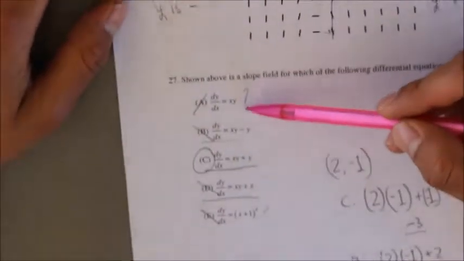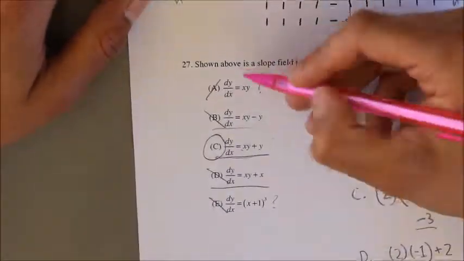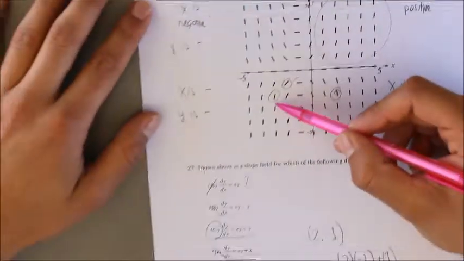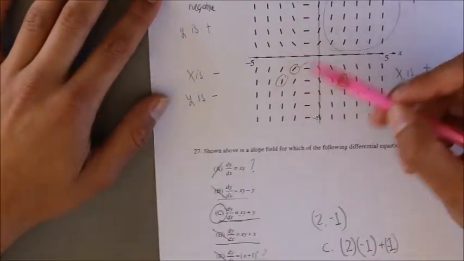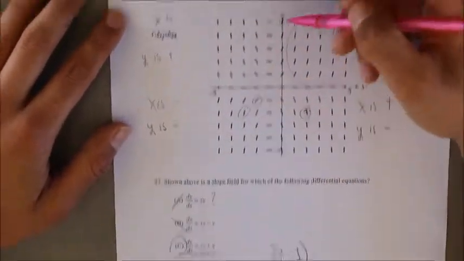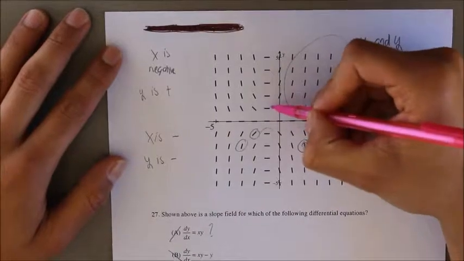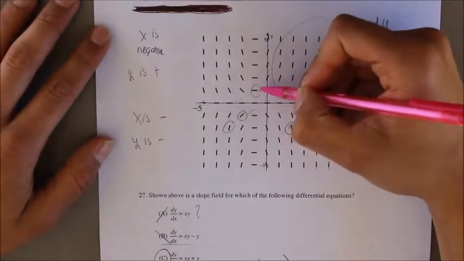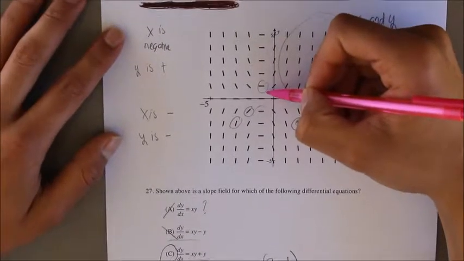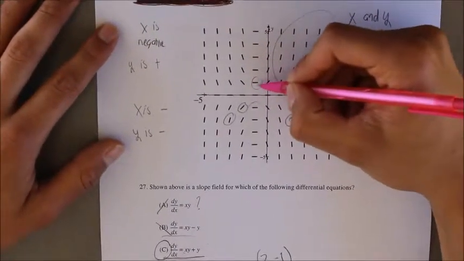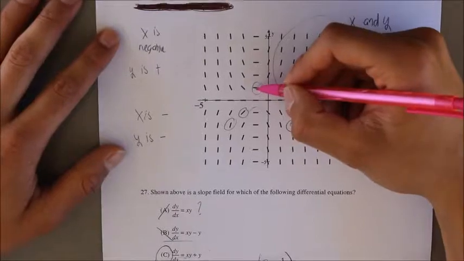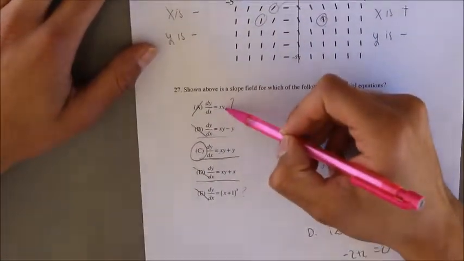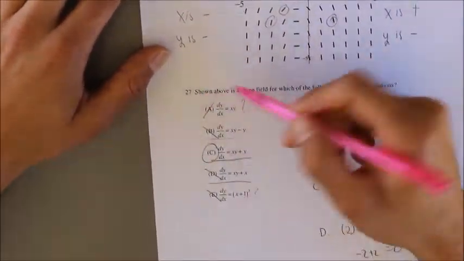For example, in A, if you multiply x and y, you have -x, -y, which should give you a positive slope, and it works there. However, at this point, -1 times +1 should give you a negative number. And since you have a horizontal tangent here, that does not indicate x and y. So you can cross that out.